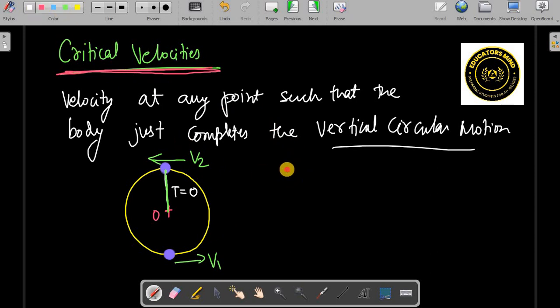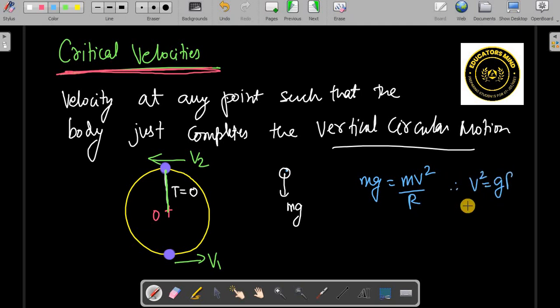If you take the topmost point, the force acting is first of all mg, there is no tension. This mg is providing the centripetal force. So mg is equal to mv square by r. From here v square becomes gr and v becomes root gr. So the critical velocity at the top must be root gr.